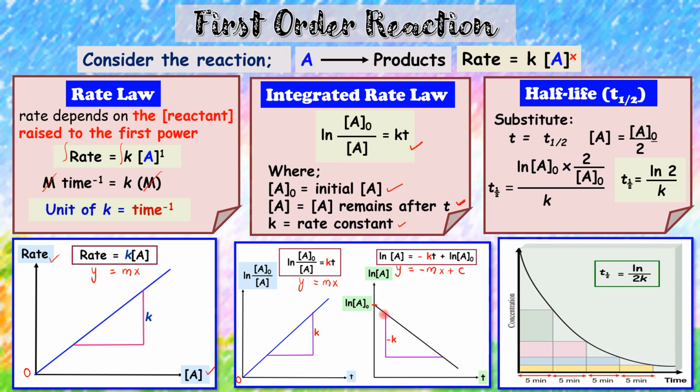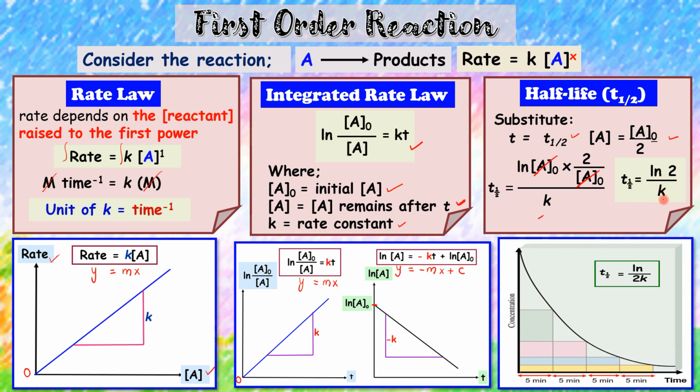So that's why we get a linear graph with negative gradient. Next, half-life: we substitute t equals t half, and concentration A equals concentration A naught over 2, into the integrated rate law. So we get this expression: t half equals ln 2 over K.